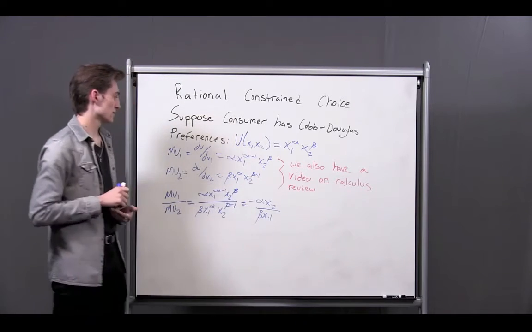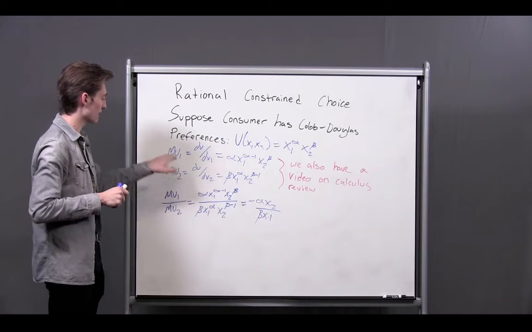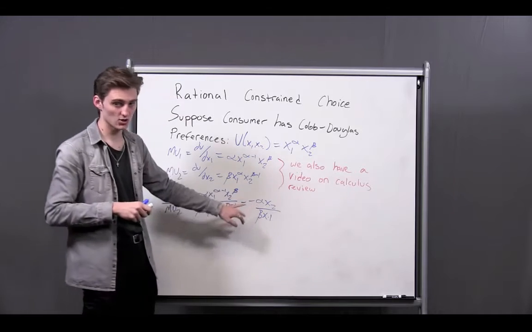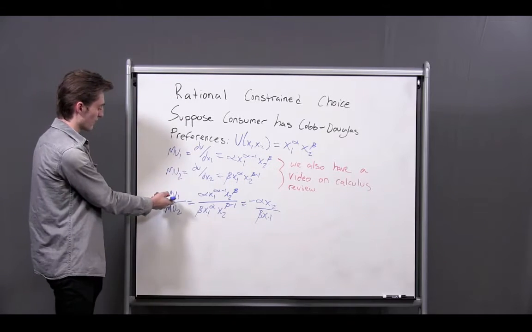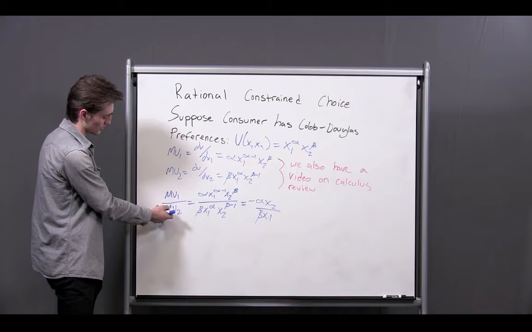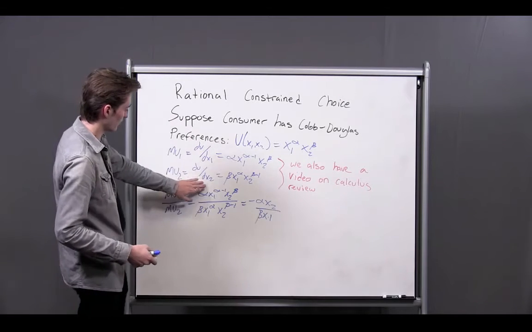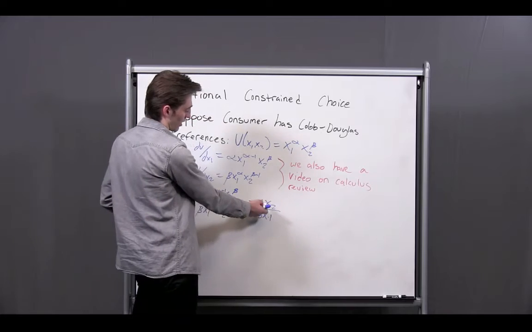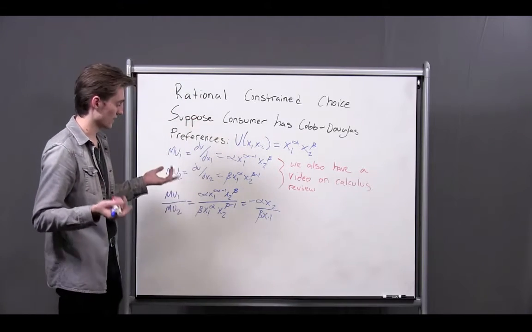Now we're going to continue by dividing these by each other, which is just going to give us our ratio of how we substitute each good. We divide the marginal utility of good 1 by the marginal utility of good 2, and by simplifying, it simplifies down to negative alpha X2 over beta X1.